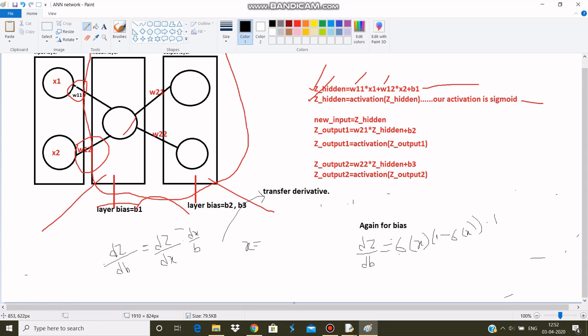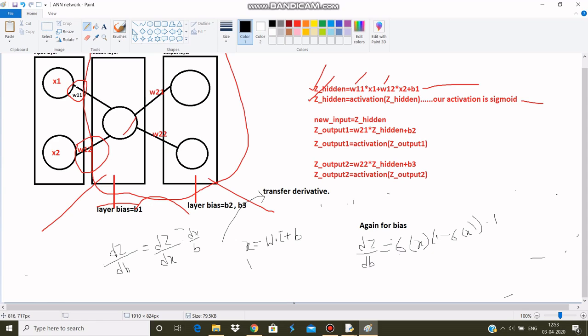So dz by db is equal to dz by dx into dx by db.